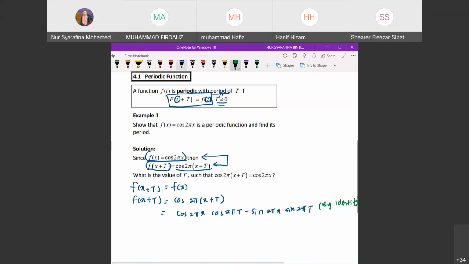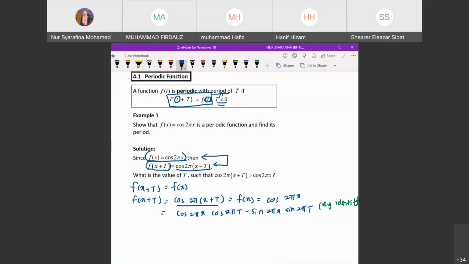We expand this by using the trigonometric identity. So we want to make sure that this equals f(x), where f(x) is cos 2πx.